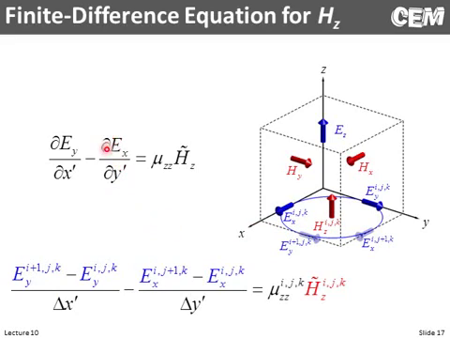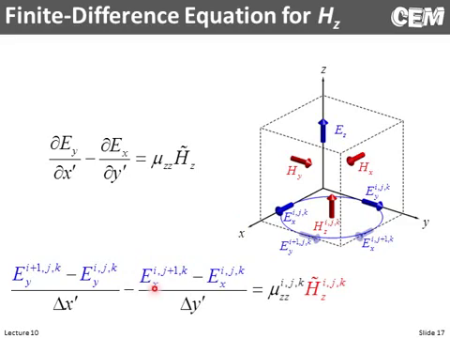Next derivative, the derivative of e sub x in the y direction. So y direction is now this. We grab the two e sub x components surrounding h sub z, and we have e sub x in the next cell, j plus 1, minus e sub x in the same cell, divided by the spacing delta y.